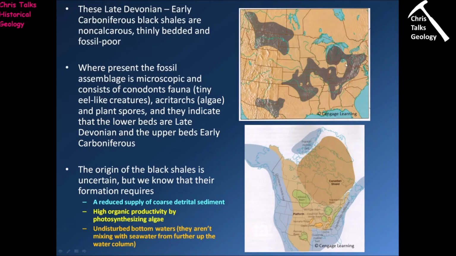So if we look at the distribution of the black shales, what can we see? Well, we can see that these areas here are associated with areas west of the Acadian Highlands. So we know that a lot of the clastic sediment for these areas is going to be coming from the Acadian Highlands. Now over here, along the Canadian-US border, this one's a little bit more difficult to explain.